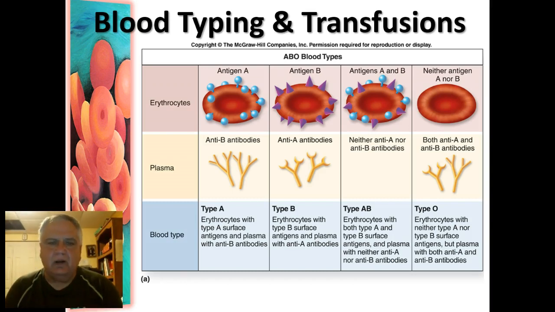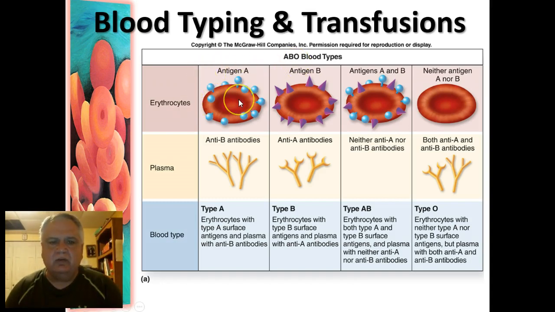So here's a chart that I think best explains what our concerns are whenever we talk about blood transfusions. At the top of the chart here, we have various erythrocytes, red blood cells, and these various erythrocytes are demonstrating the types of antigens that they may have present on their surface. Now, we normally think of antigens as being something that's foreign.